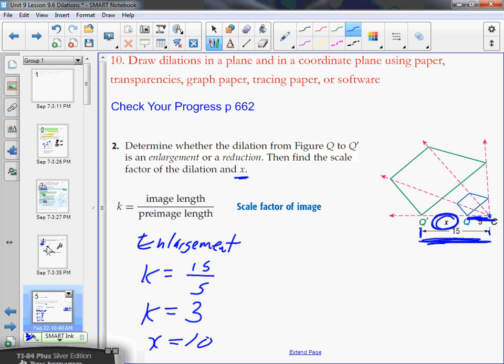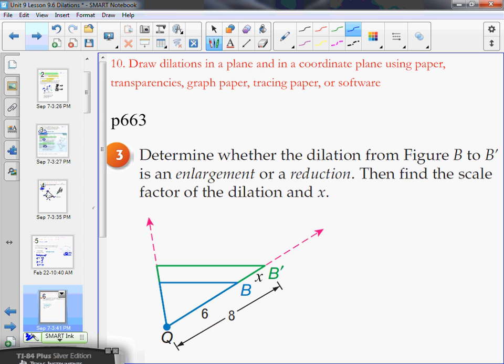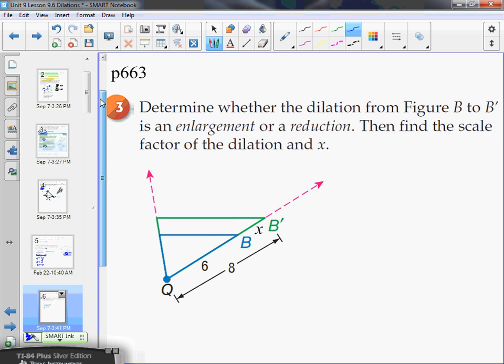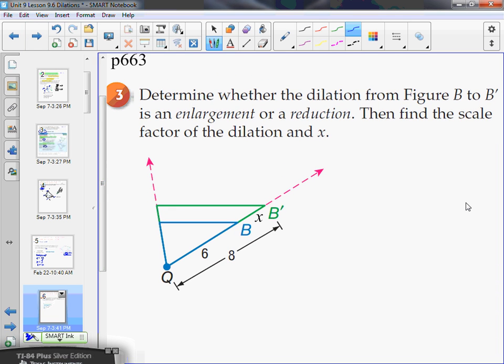All right. Do this one. This one's part of your assignment. Number 3 on page 663. The same thing we just did in that example. Determine whether the dilation from B to B prime is an enlargement or a reduction. Find the scale factor.